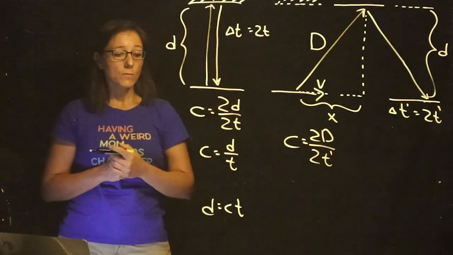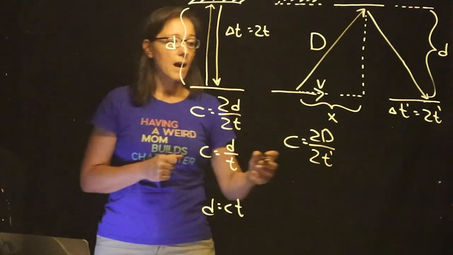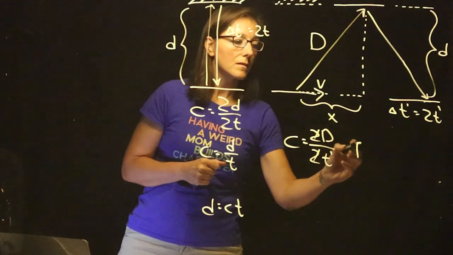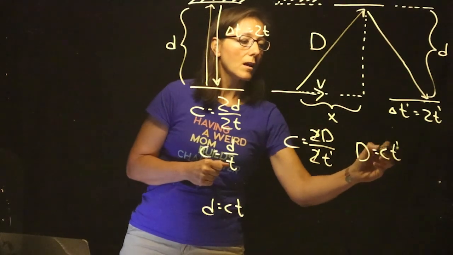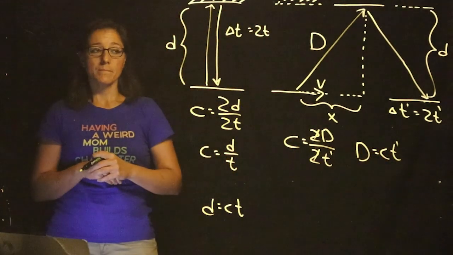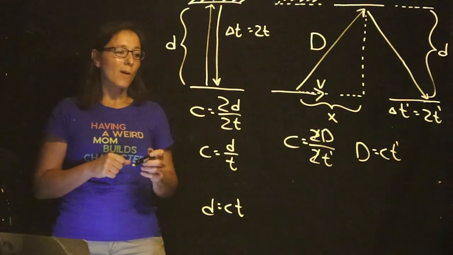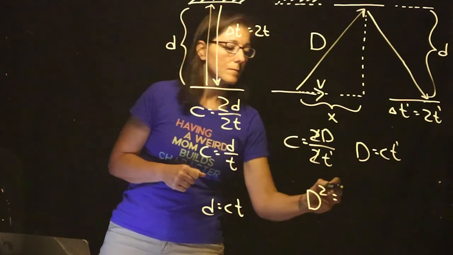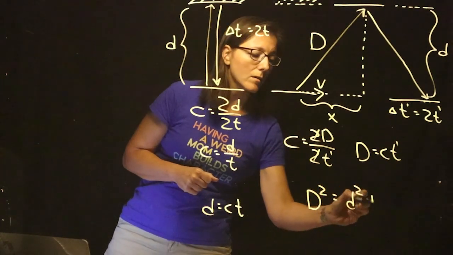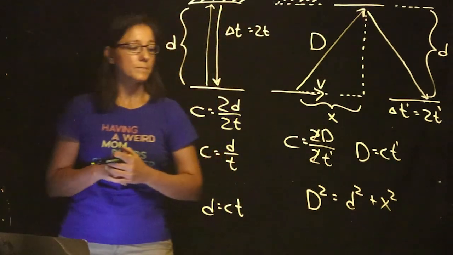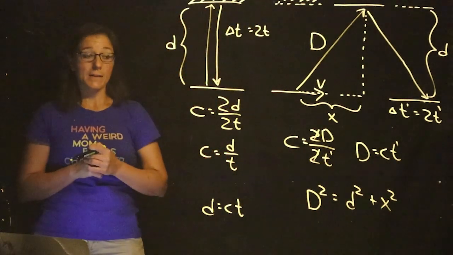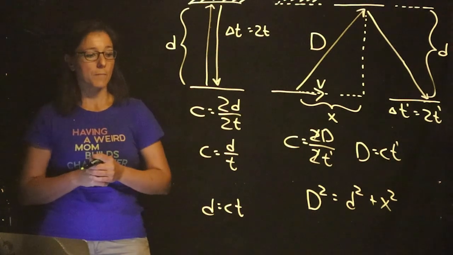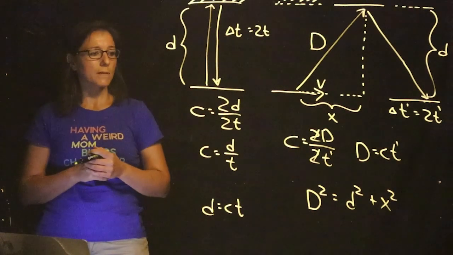So if I wanted to, similar to this math, because these twos cancel, I could call this distance c times t prime. But I could also call this distance, according to Pythagorean theorem, little d squared plus x squared. Is that reasonable? Well, certainly it is. That's the Pythagorean theorem. We know and love the Pythagorean theorem. So let's make some smart substitutions and see what we can see.